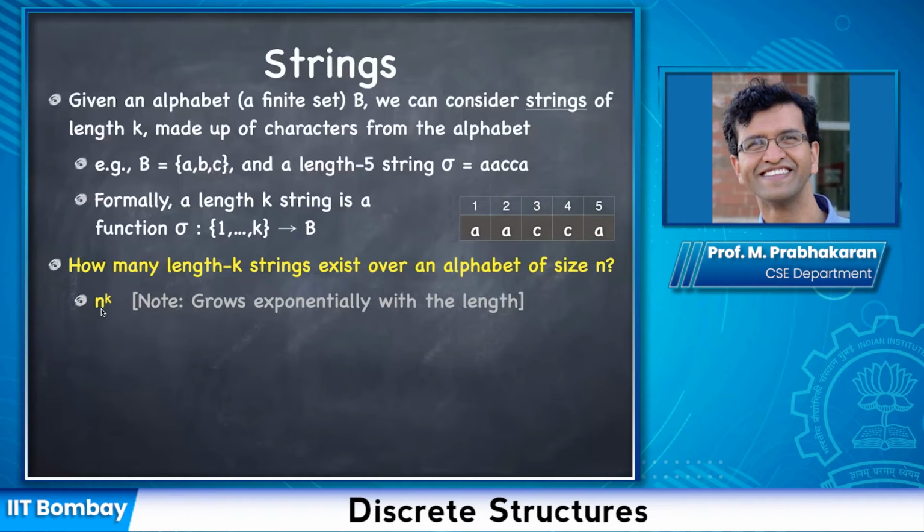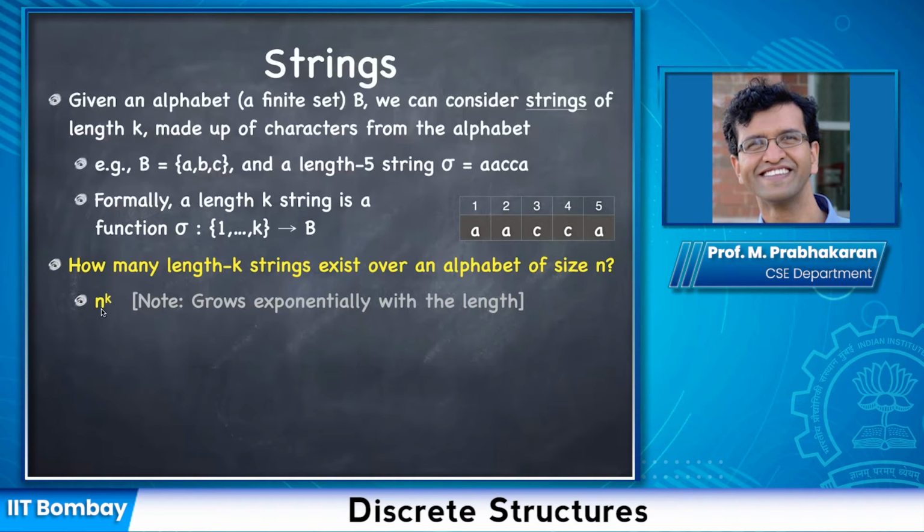This is something that grows exponentially with the length. Even if I fix the alphabet size n to be something small, say 2, you still have 2 to the k strings, which grows pretty quickly as k grows.